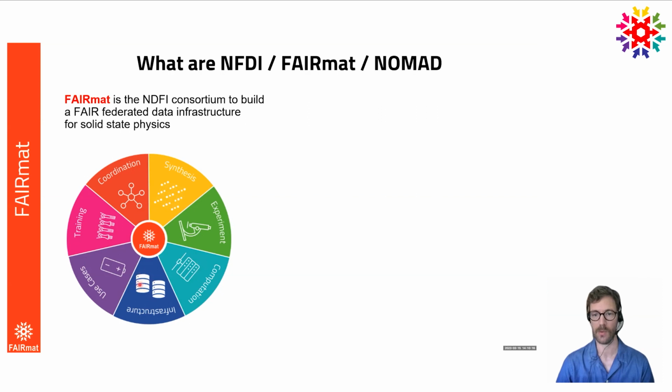So they are the ones who develop the NOMAD software. And then we have area E who is working on use cases that should showcase the use of our developments. Then we have area F for training and outreach, and area G who is coordinating the whole project.